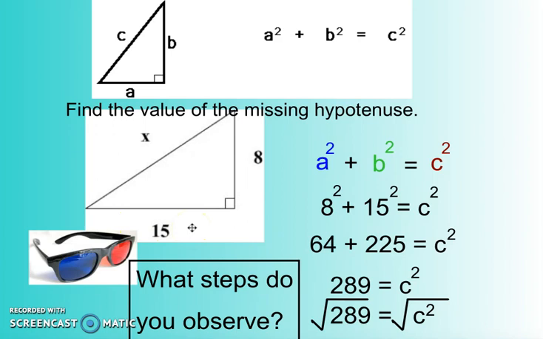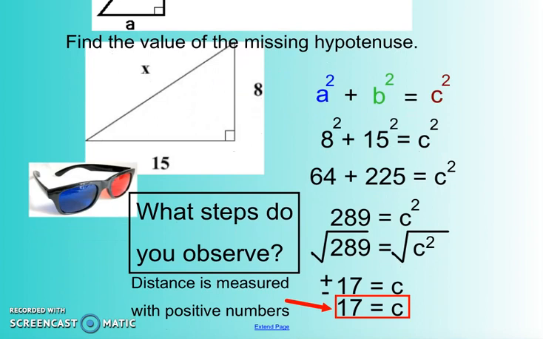So now I'm trying to figure out what times what is 289. And remember when I asked you what's the opposite of squaring something? The opposite is square root. So if I take the square root of it, I should get the answer. So if I take the square root of 289, here's what I get. 17.